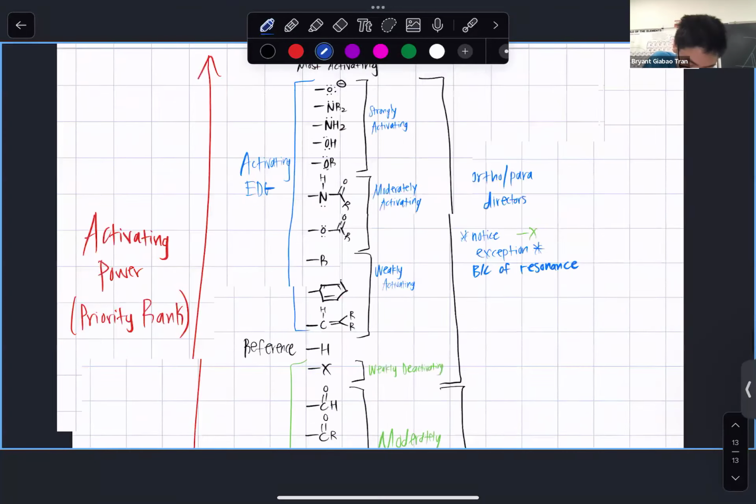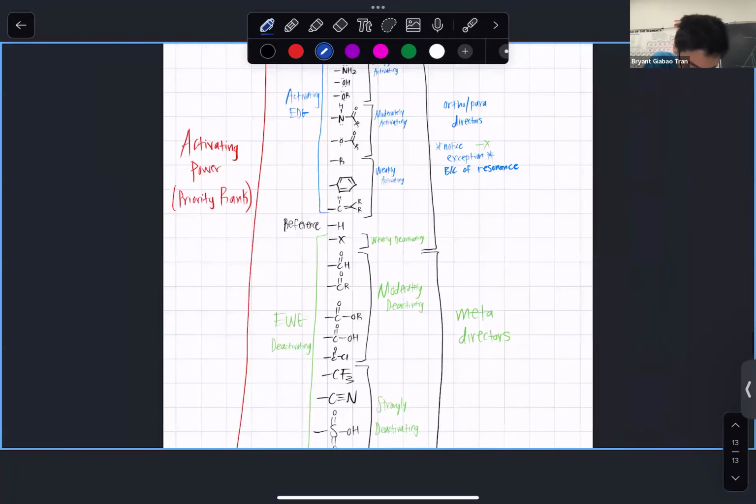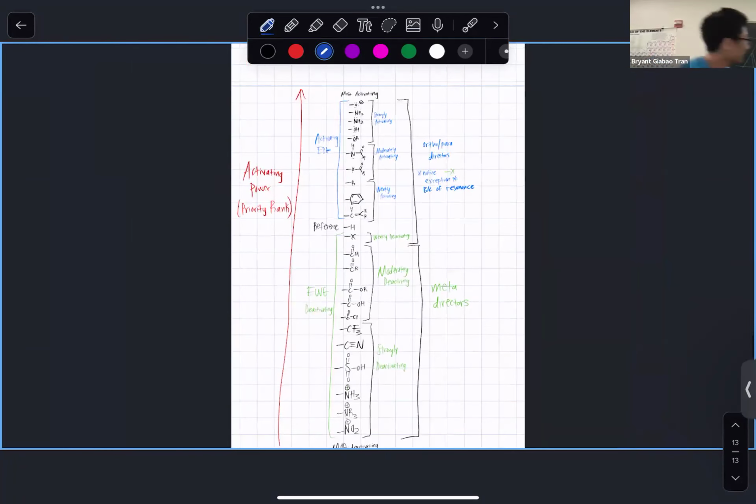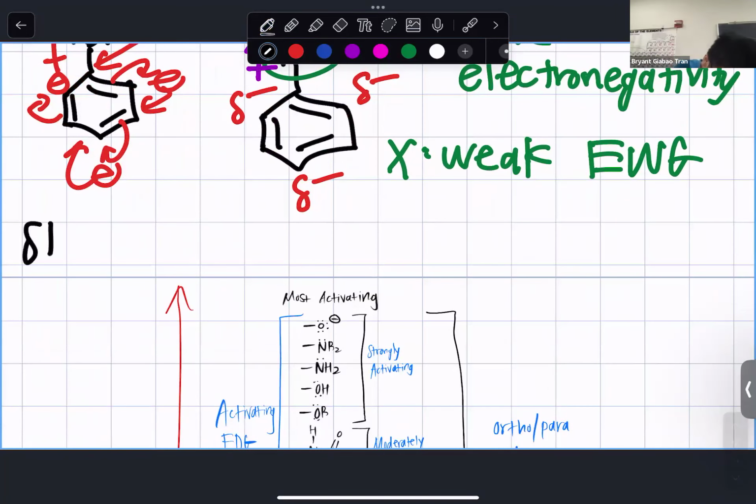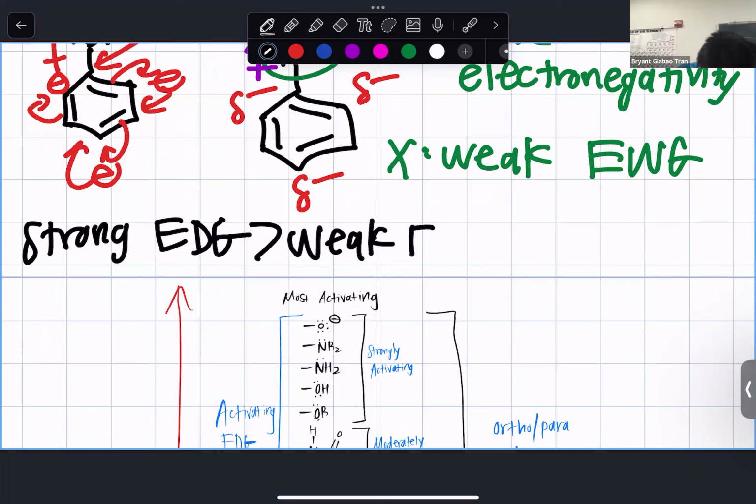So here's the list of the strengths of the EDGs and EWGs. But another thing before I go over that list: let's talk about activating power. A strong EDG is the most activating, over a weak EDG.